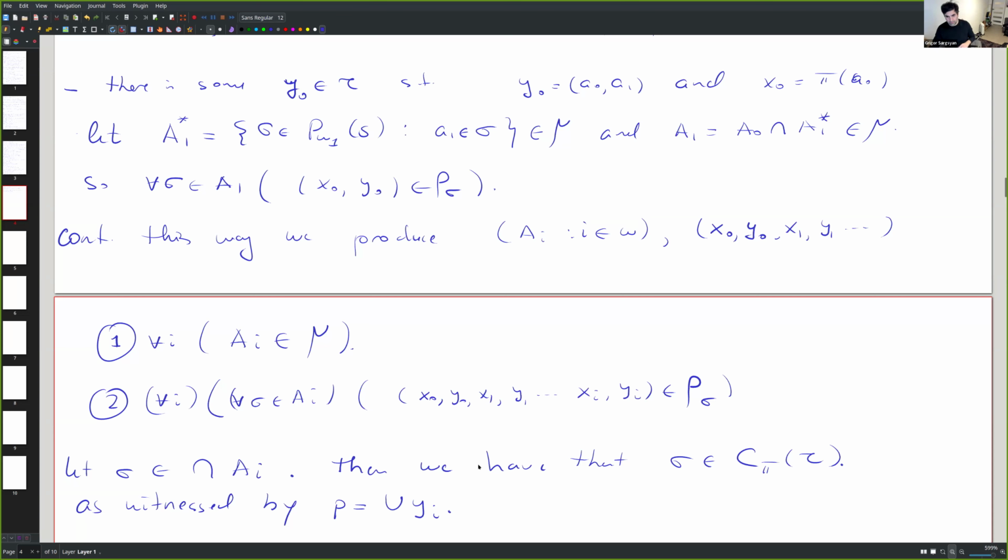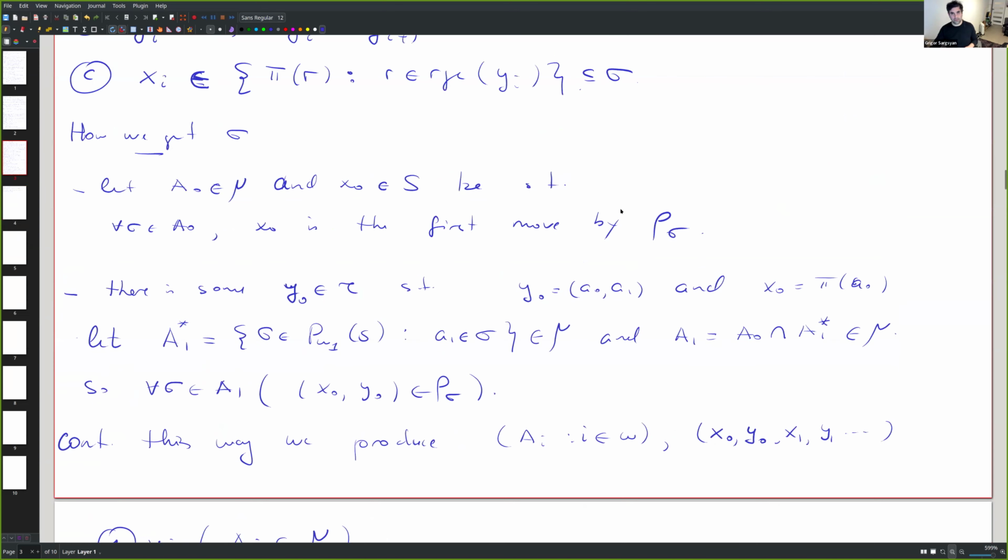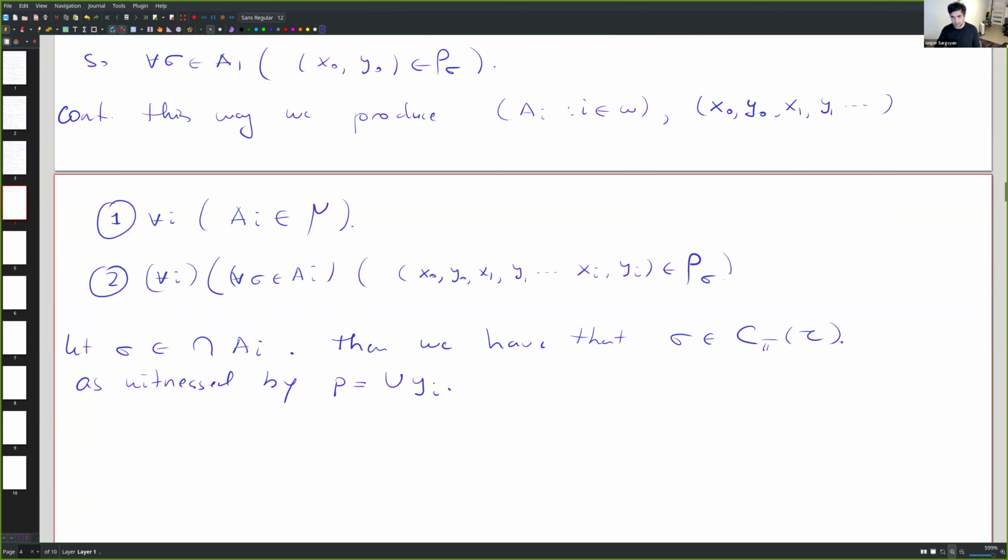Saying that it's in rho sigma means that two hasn't lost. So that means condition 2 is satisfied. So this means condition C above is satisfied. Okay.